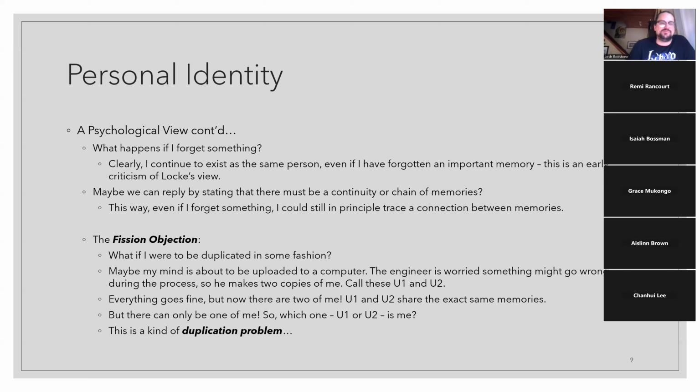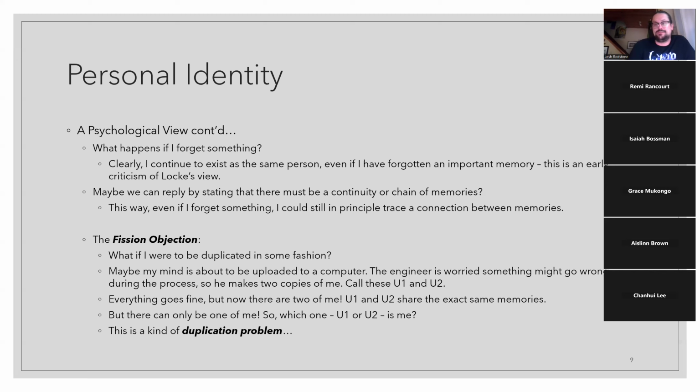One is called the fission objection, and it has to do with fission cases or duplication cases, which are exactly what they sound like, right? What if I was duplicated? We'll talk about this in the next set of slides in more detail, but what if I was duplicated in some kind of Star Trek transporter accident? Or what if, as Crumley says, I'm about to have my mind uploaded to a computer?